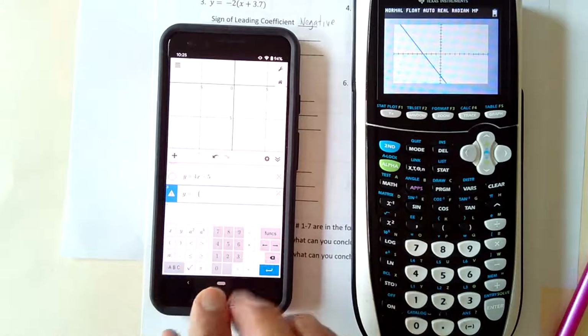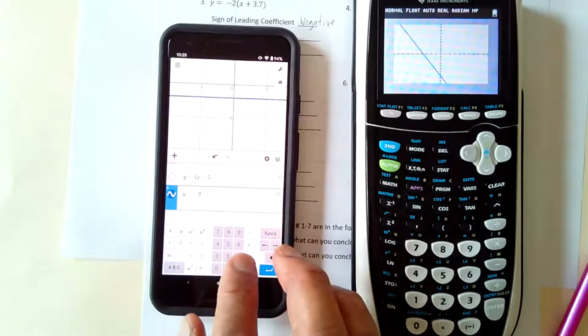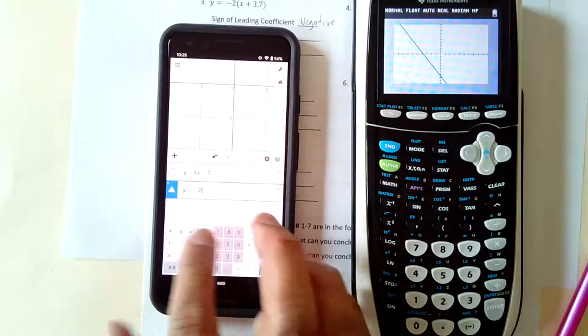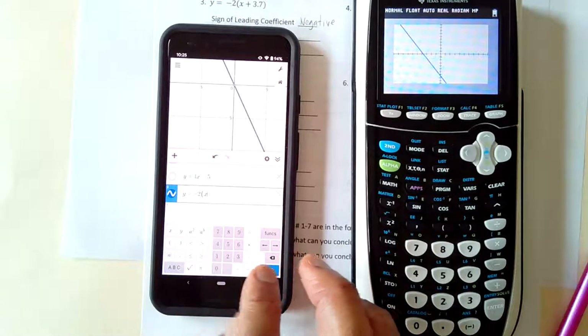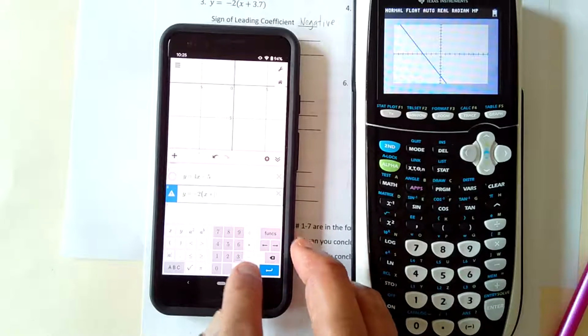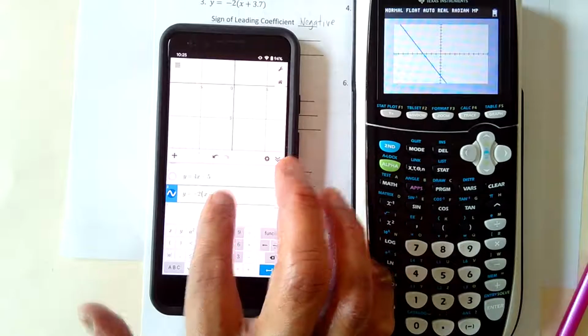Open bracket. Oh no, I didn't put my 2 there. So put negative 2, open bracket, x plus 3.7. Then you can close the bracket.